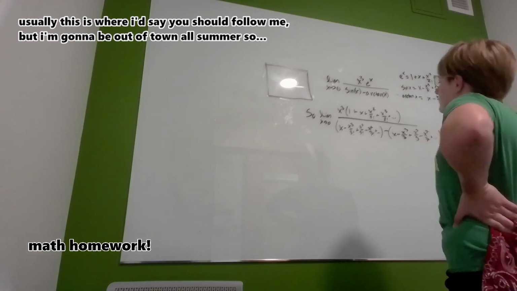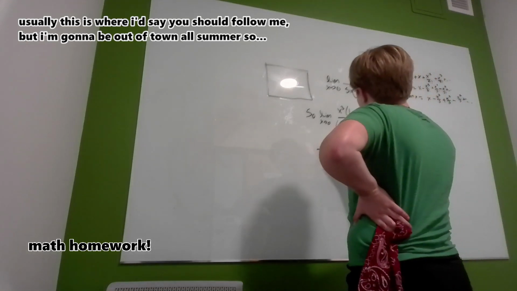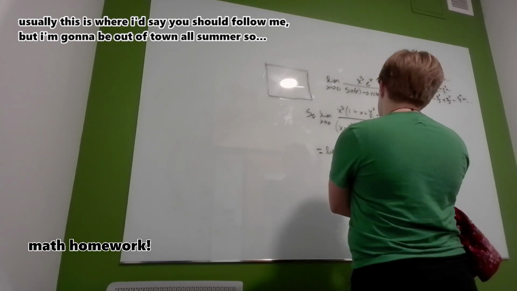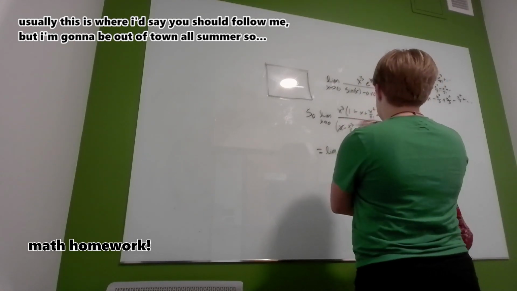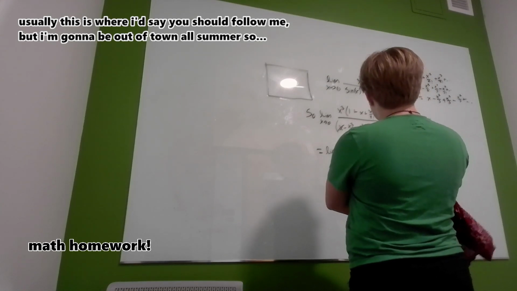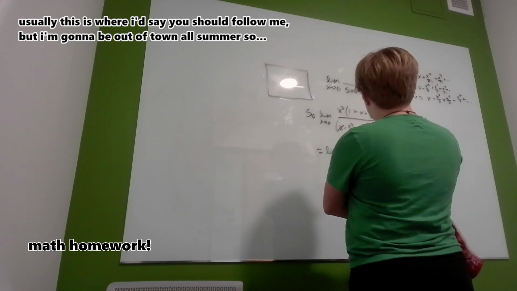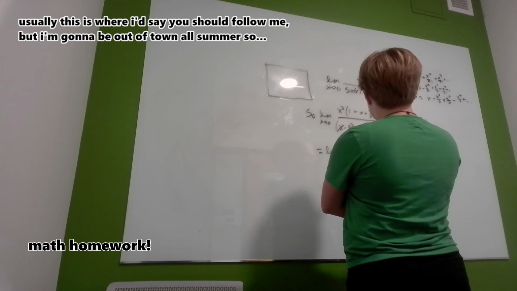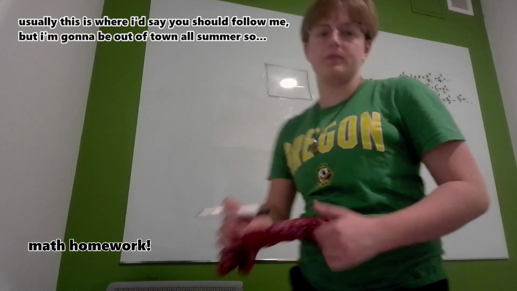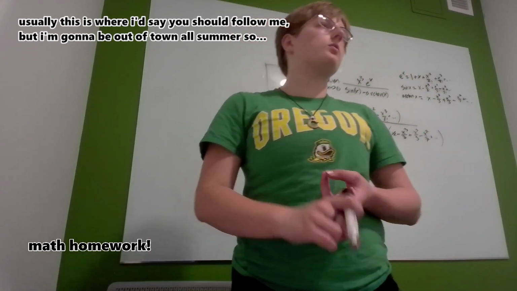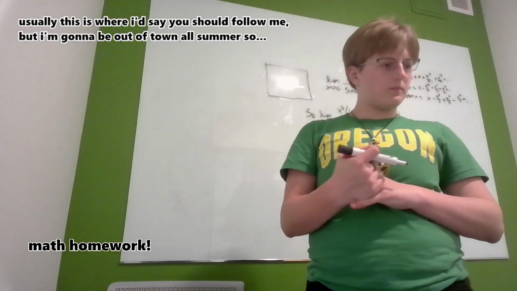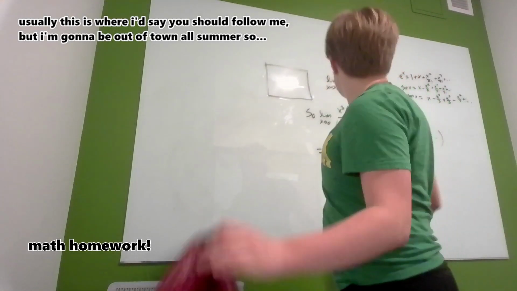So you got x minus x, so those cancel. Cube over 3 is going to become x. Right? 5 times 4 is 20. Times 3 is 60. Times 2 is 120.